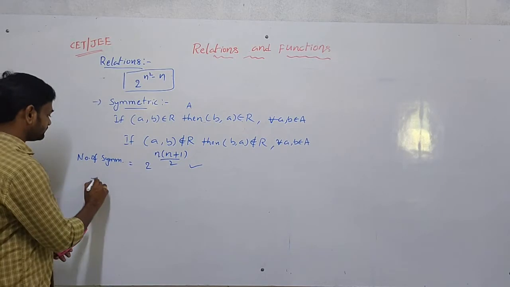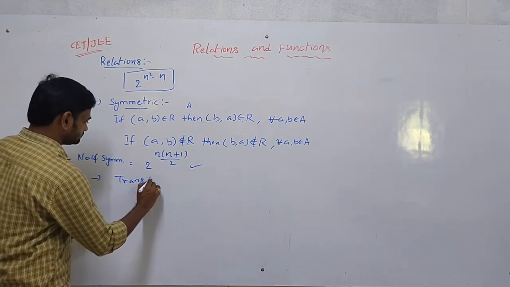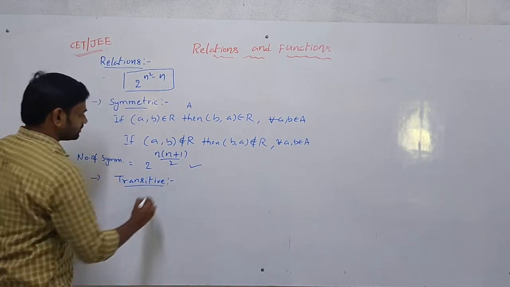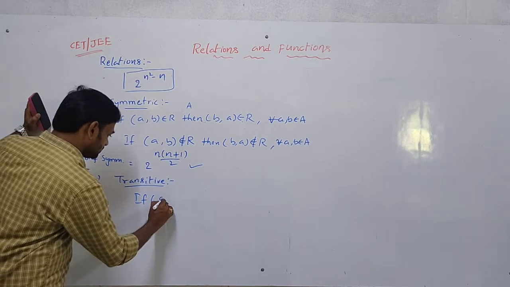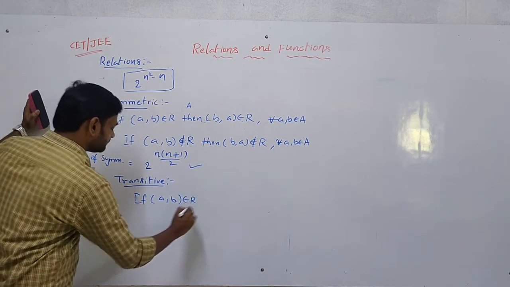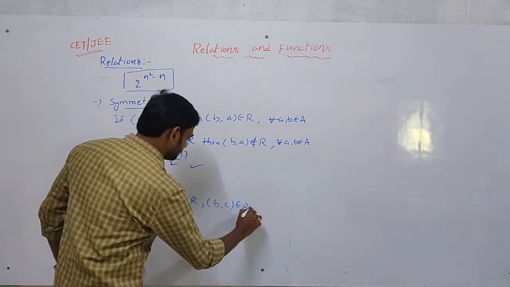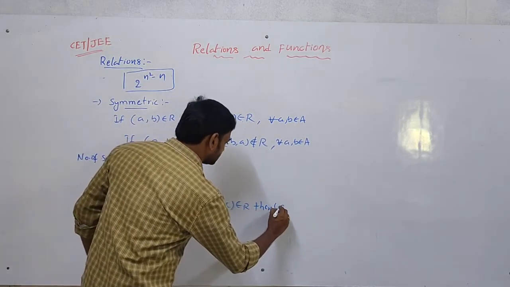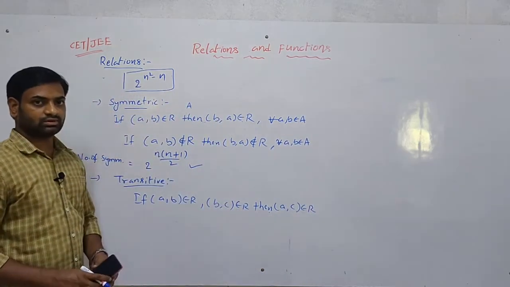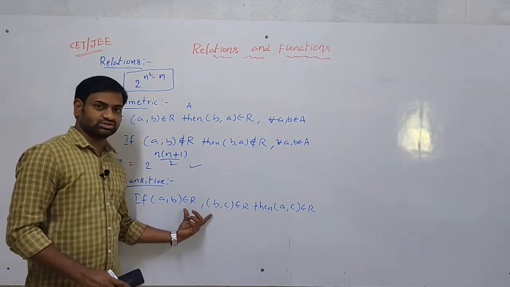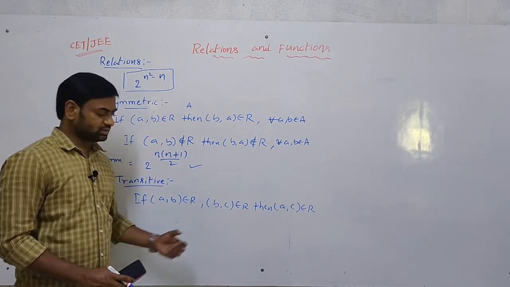Next, transitive. What is the condition of transitive? If (A, B) belongs to R and (B, C) belongs to R, then (A, C) belongs to R. If two pairs exist in the relation, how must the pairs be?